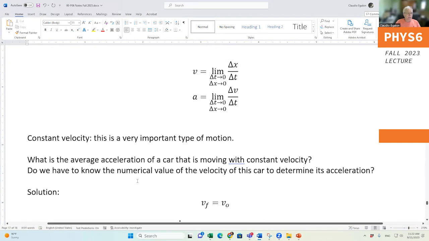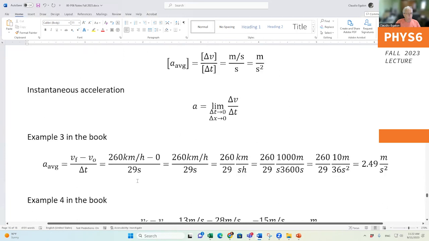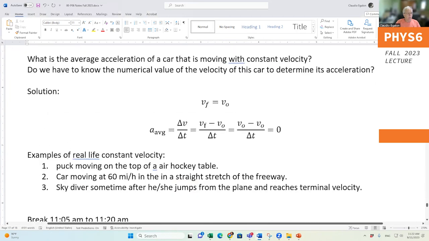So let's go back to the types of motions that we have out there. Let's see what I put down.